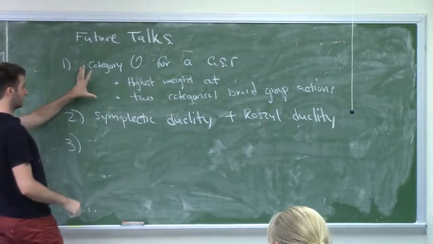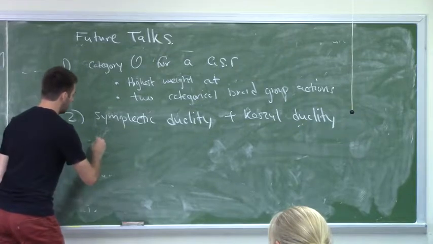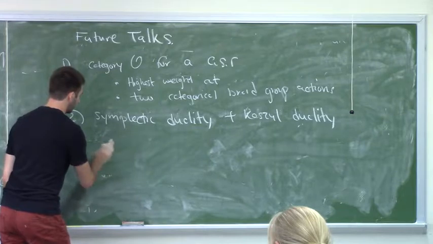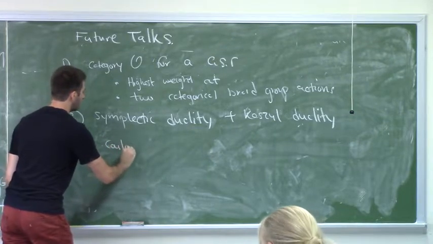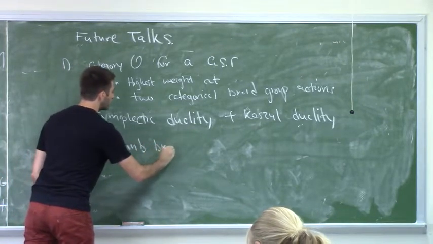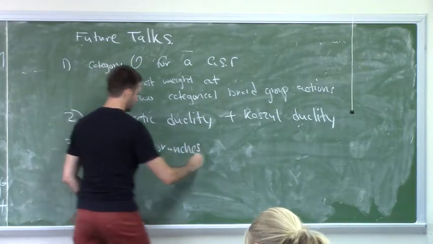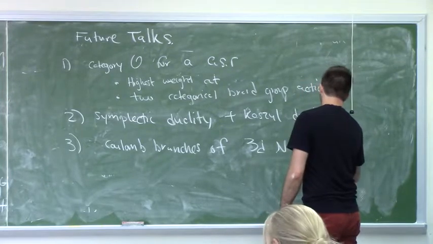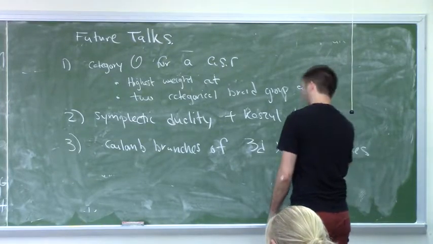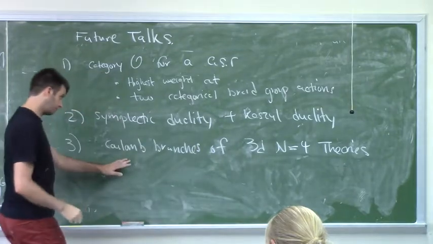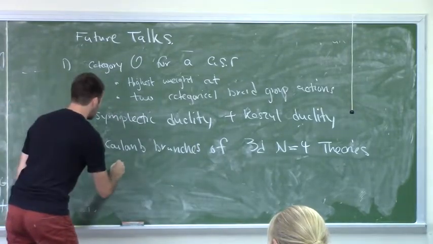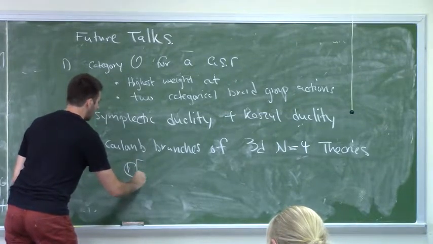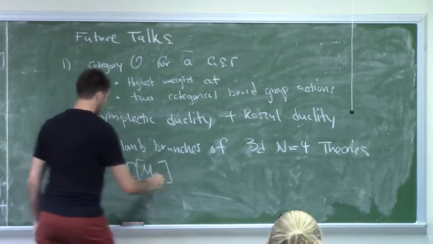But a totally different tack, which would have some overlap with this but would be very different, would be to talk about Coulomb branches. The sort of thing that I would like to talk about here is that I mentioned that the Coulomb branch didn't have a definition until extremely recently.